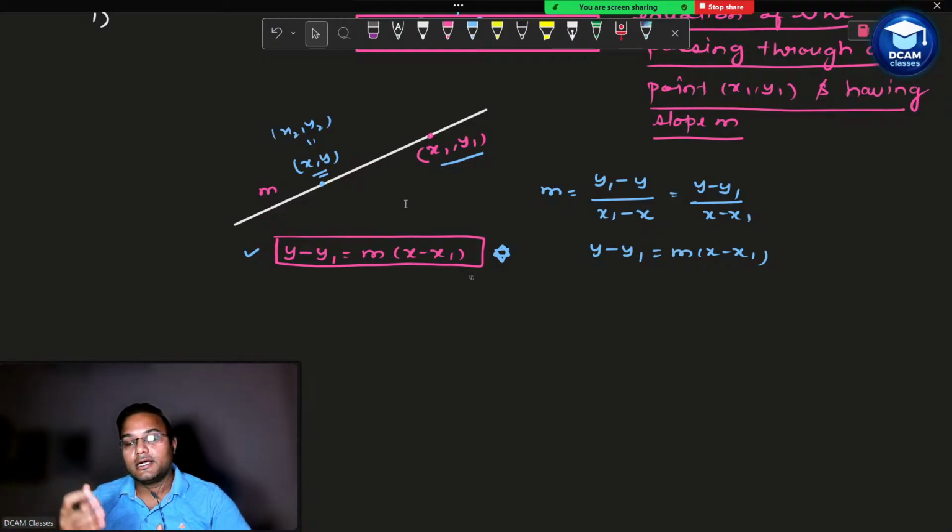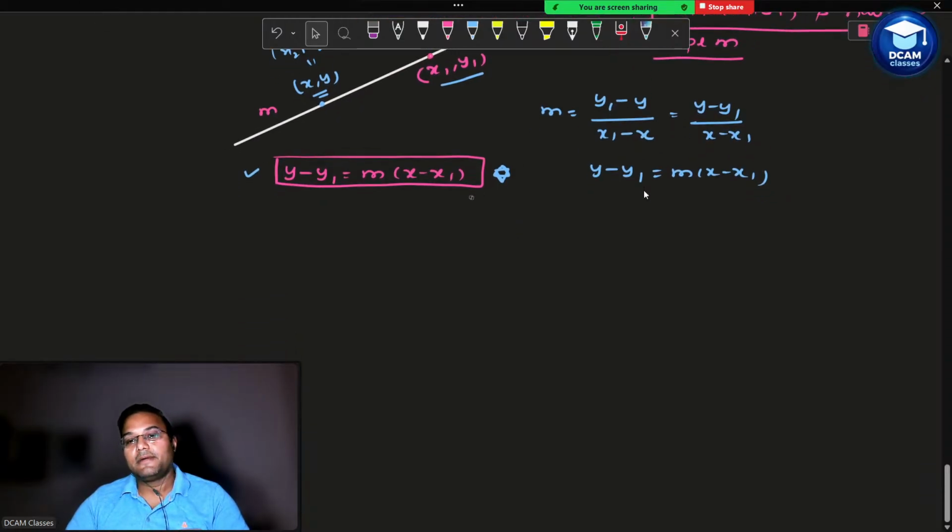Locus is the curve which is formed through the movement of a point under certain condition. Here also we are making the line through movement of a variable point x comma y, which can be anywhere, which moves under certain condition. What condition is it? The slope of the line is m. Understood? But for solving questions, this is okay.